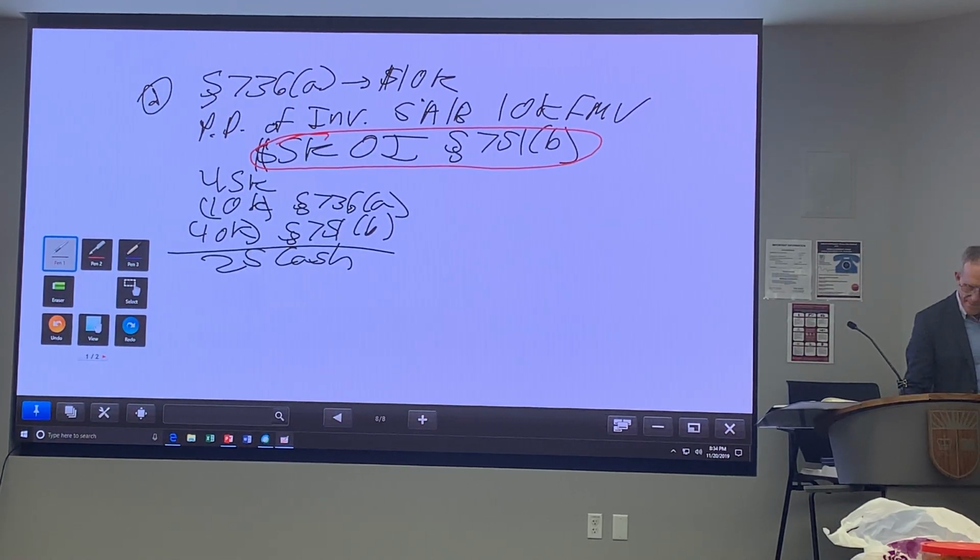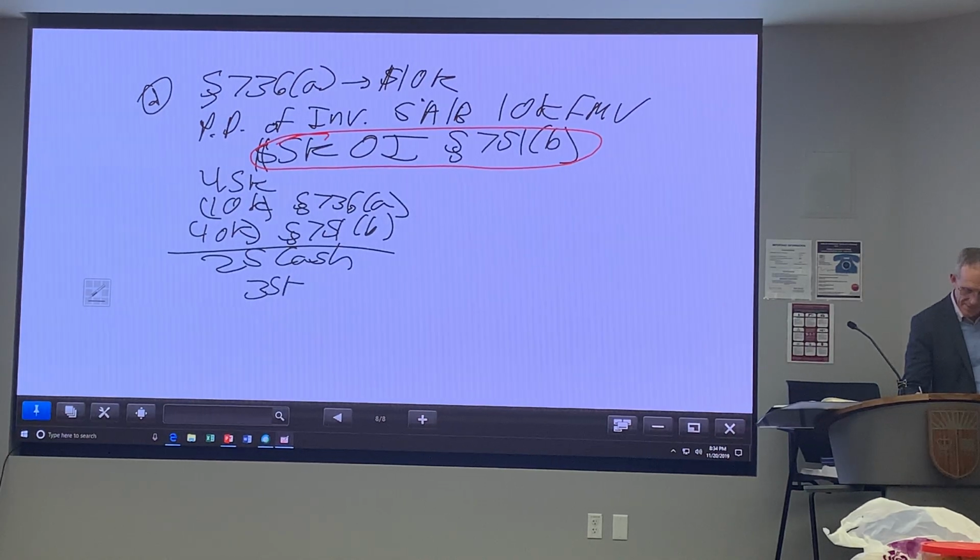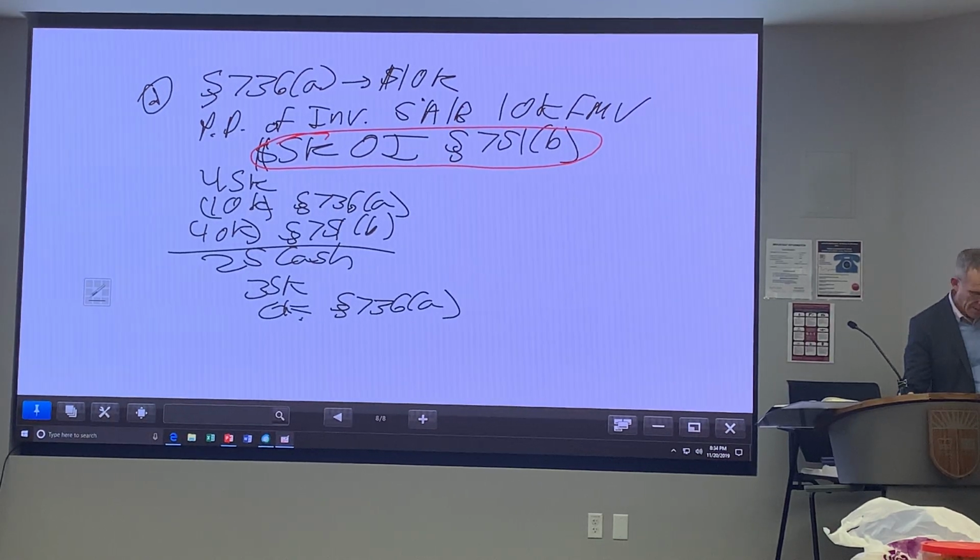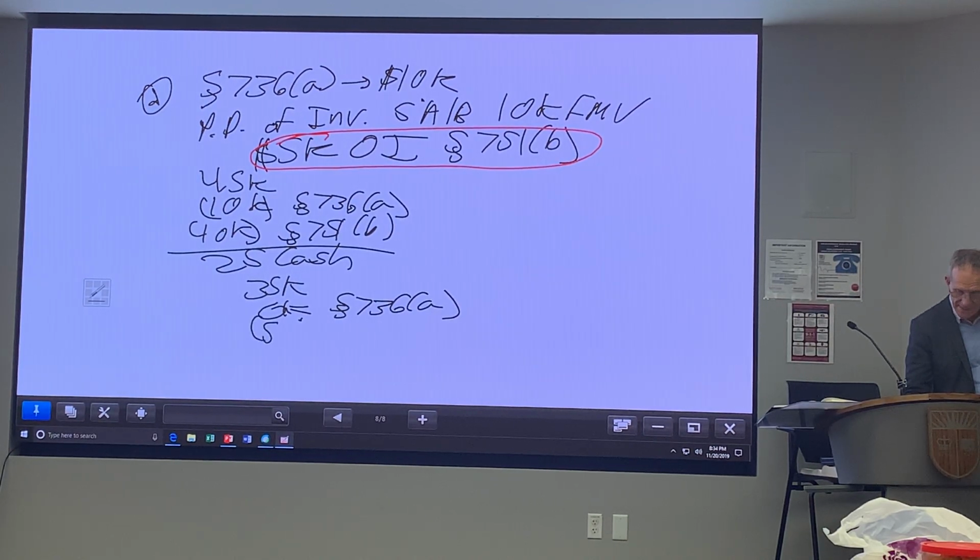Now, what's his outside basis here? We start off with 35,000, right? We said that before. 736A, Ramon, is no impact here. And when you distribute the inventory, the basis goes down.